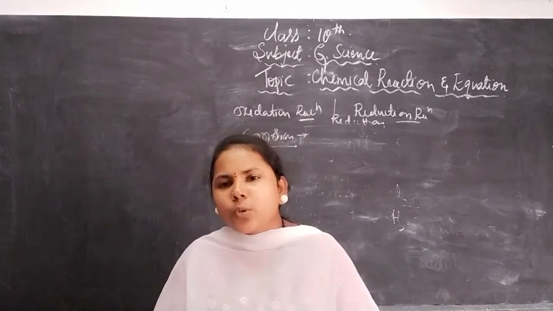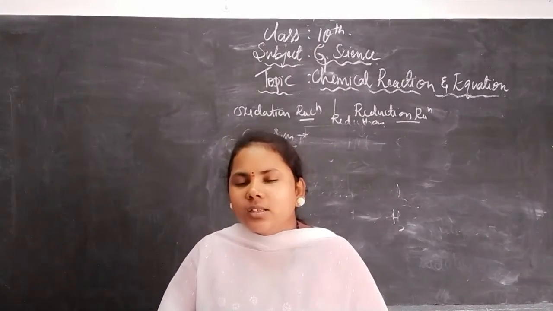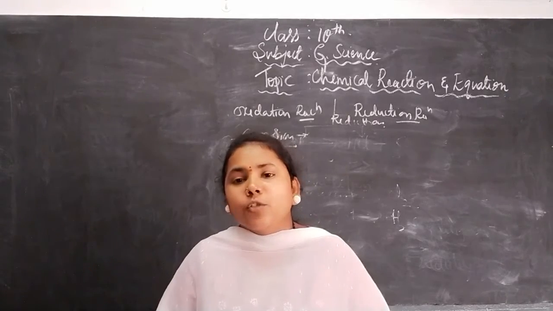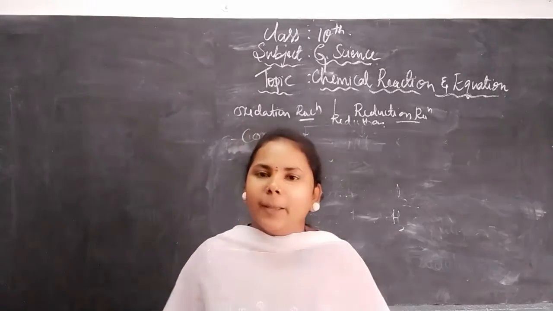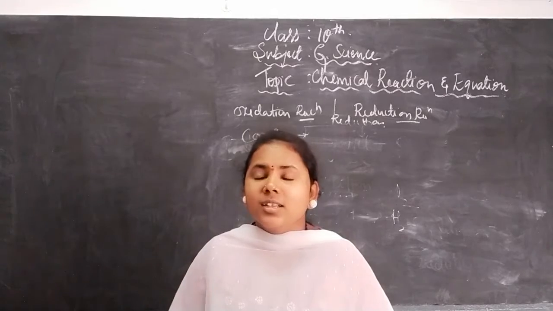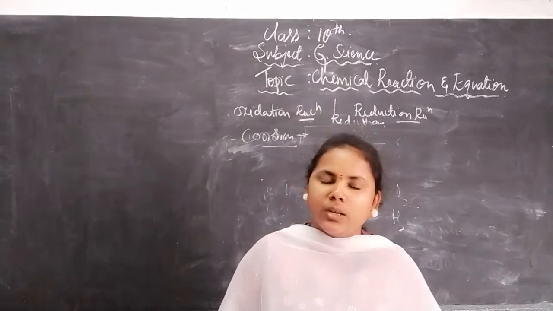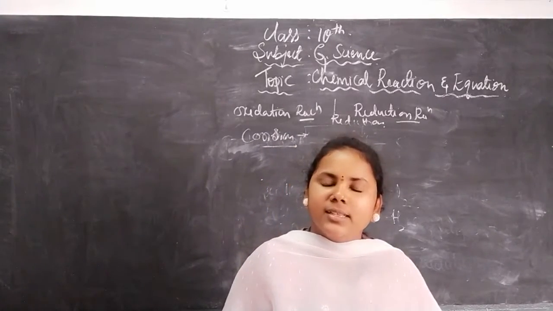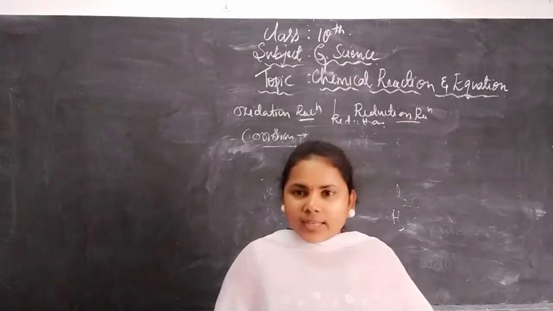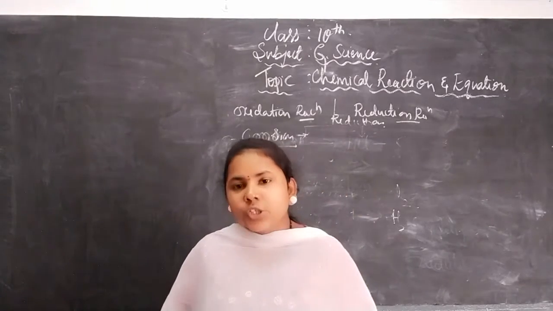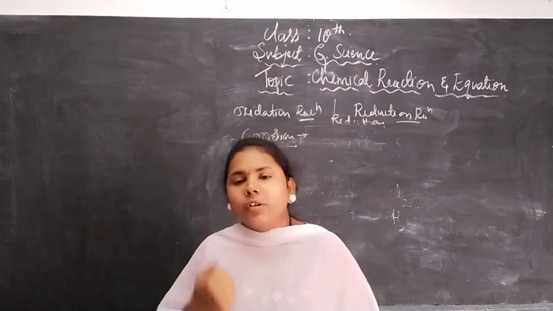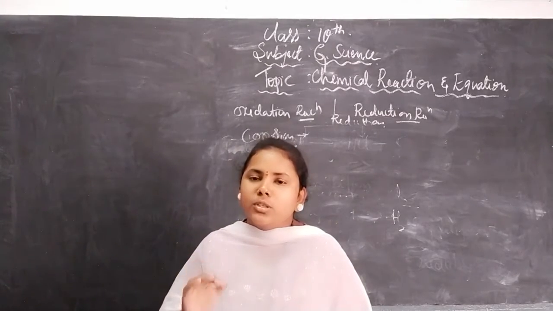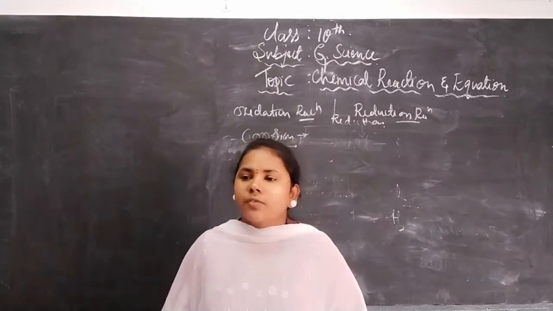Then how can you protect metals from these oxidations? By painting, and we can study further in the metals and non-metals lesson, where we will come across anodization, galvanization, and painting of iron articles. These are the different processes to avoid corrosion of metals.